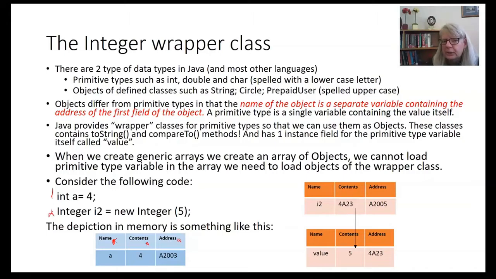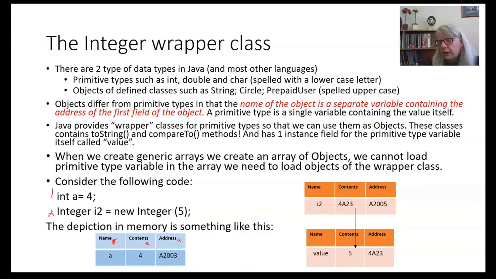The addresses in memory are typically hexadecimal numbers. Okay, so now you understand the blue diagram. So every primitive type has a name, a content, and an address. So at position A2003, there is a name and a content.